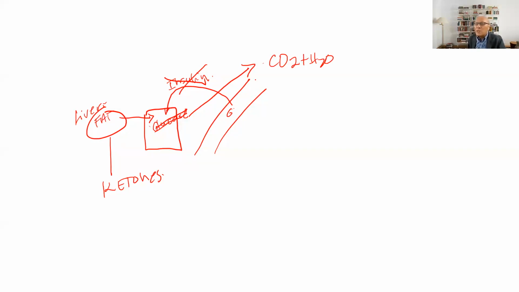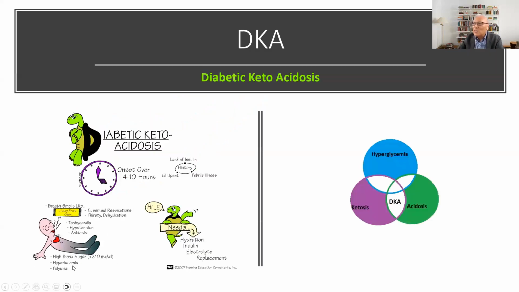But in the case of fat, the ketones are utilized as fuel, and therefore this causes the formation of ketones, which are going to be absorbed both in the bloodstream as well as in the urine. And therefore, this also causes acidosis.